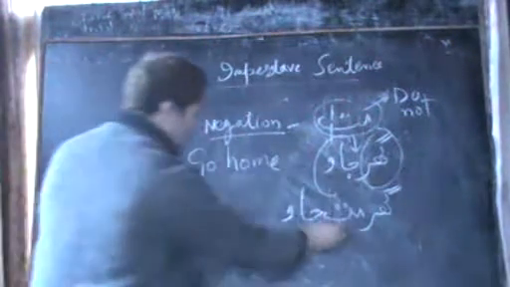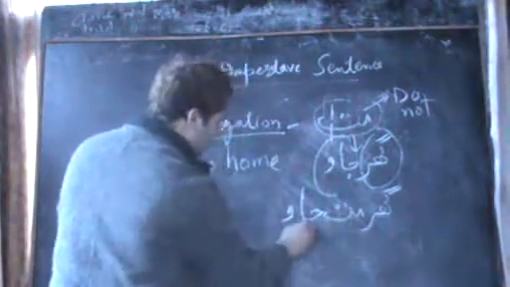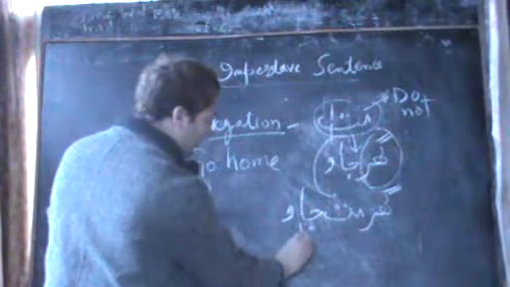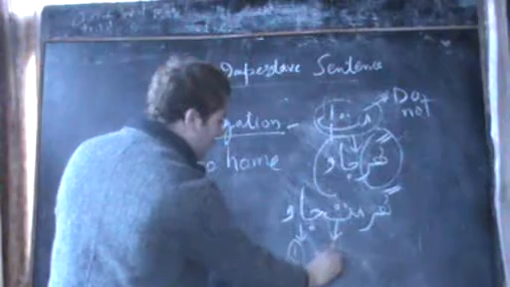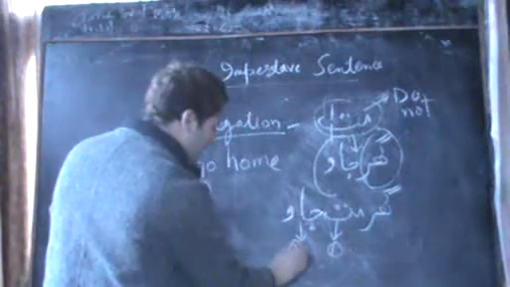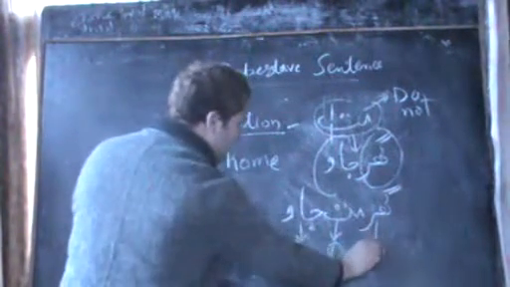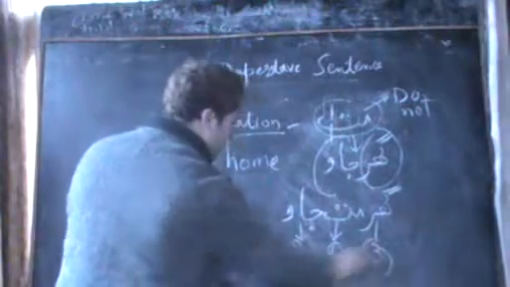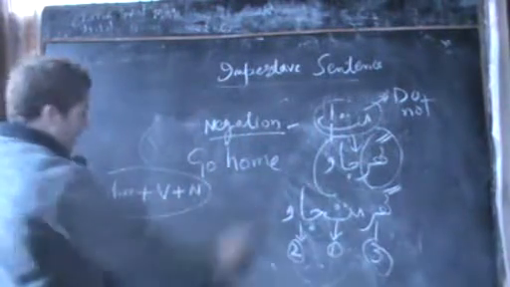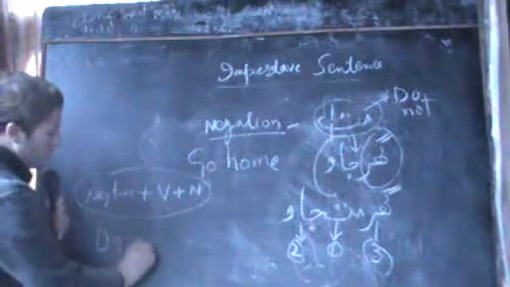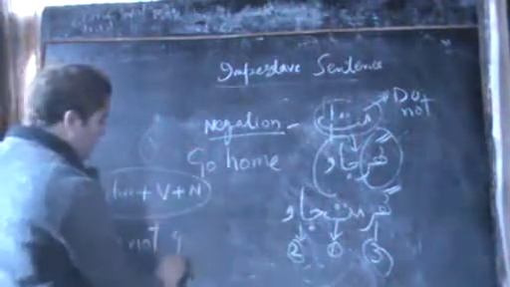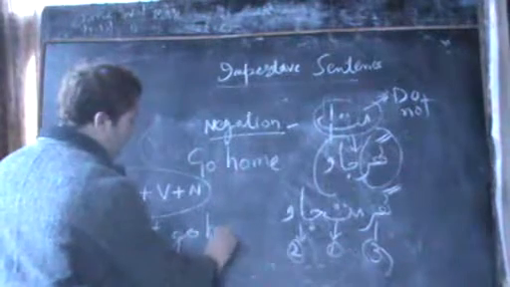So here it's in the middle, but we'll just frame. So this will be translated first, mat, and then this will be translated at second place, and this will be translated at the end when we translate it into English. So I will write here, don't or do not go home.